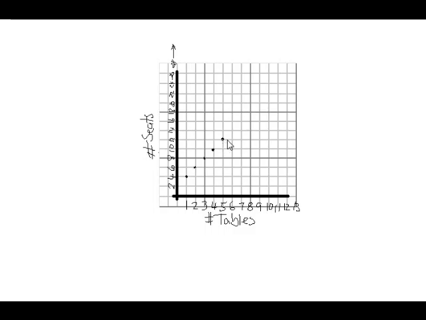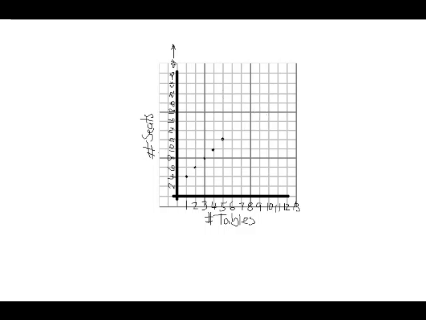Okay? If I had to draw each pair of information in, I'd have dots all the way up here, and I can tell that it's starting to form what we call a linear relationship, or a straight line. Okay, if I were to draw a line straight through all those dots, it would be straight. And that's exactly what I'm going to do.